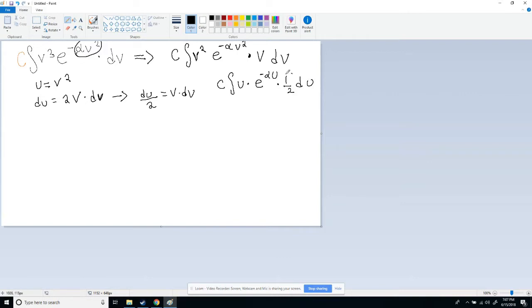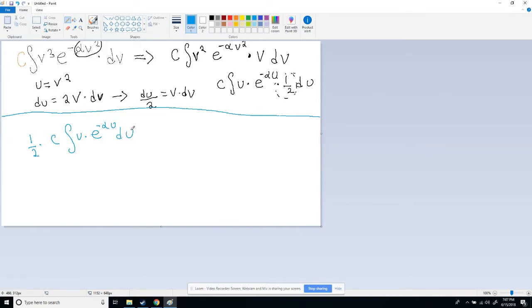This is now part of the constants. So we'll start from that: 1/2 times the constant times the integral of u times e to the minus alpha u du.